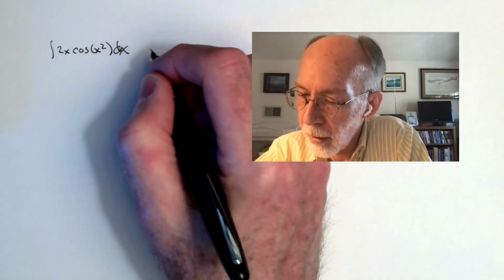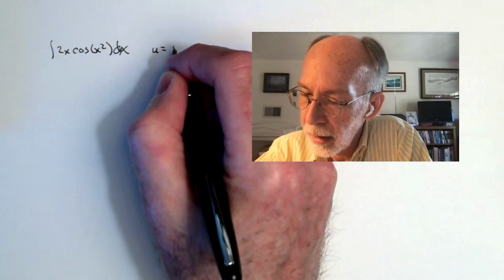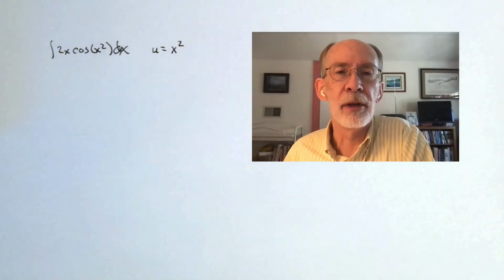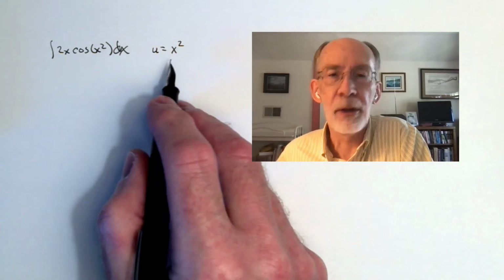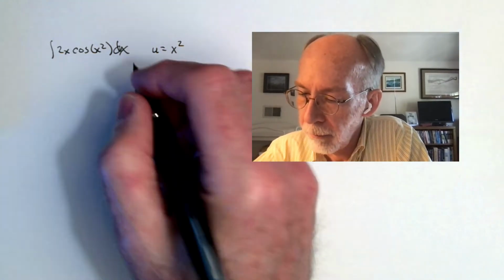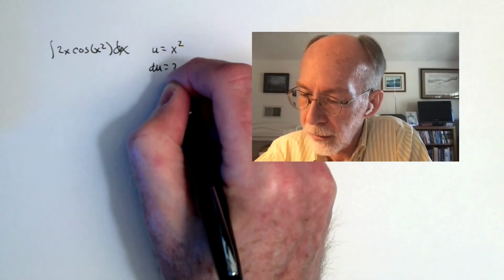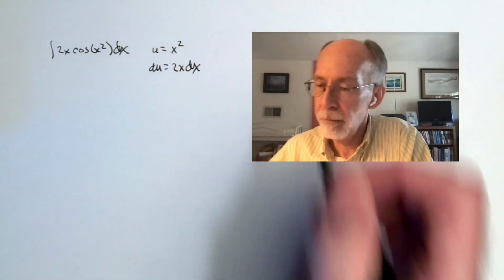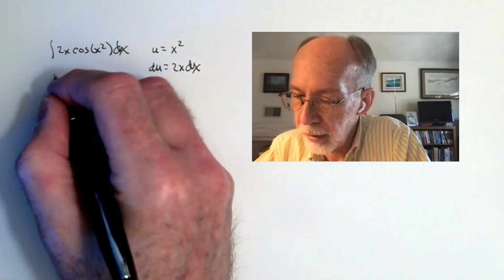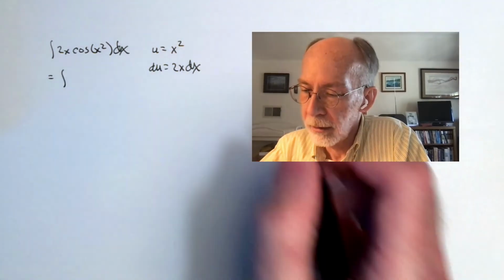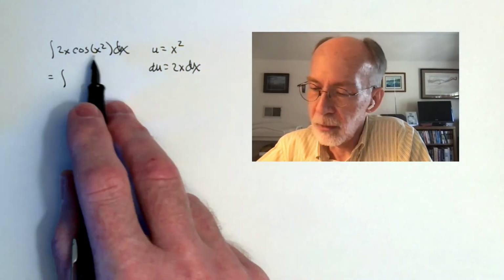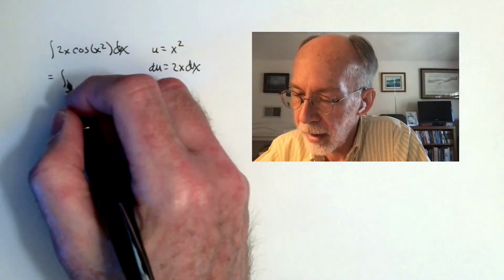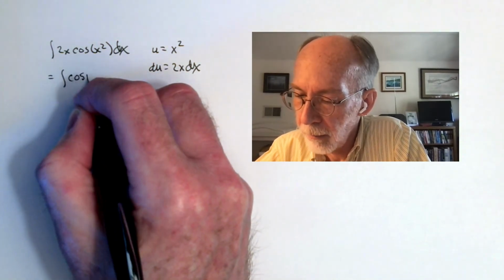That's what you're looking for when you go looking for a u to make a substitution. So if that's my u, du dx is 2x, du is 2x dx. And then this becomes integral. 2x dx is just du. Cosine of x squared is just cosine of u. This is cosine of u du.